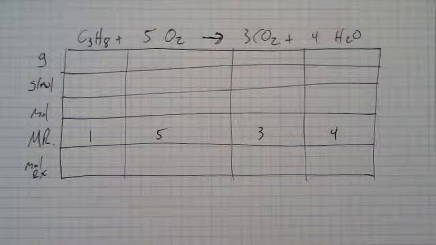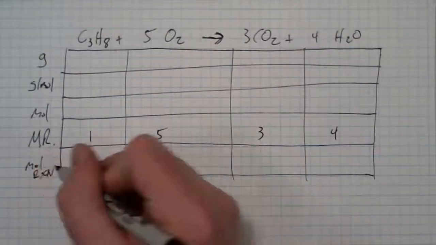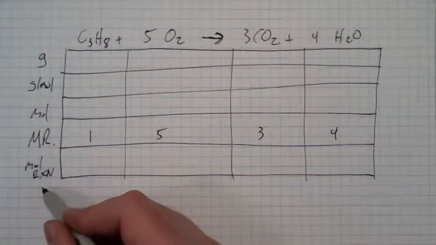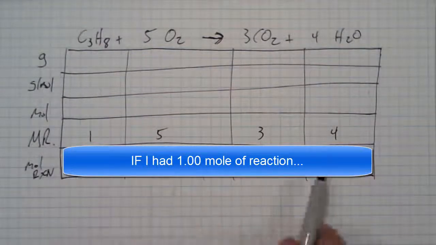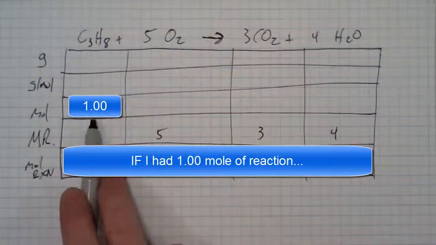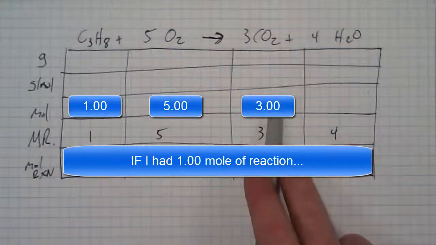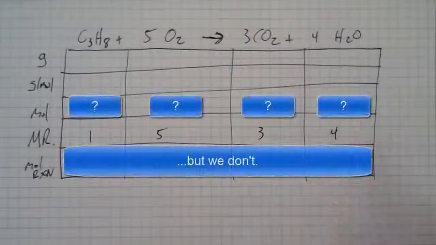Or you don't have a lot of folks and so you cut the recipe in half? This moles of reaction is telling you how much to multiply your basic recipe by. If I had 1 mole of reaction, I would have 1 mole of propane, 5 moles of oxygen, and I would produce 3 moles of CO2 and 4 moles of H2O. But that's not what we have in this problem.